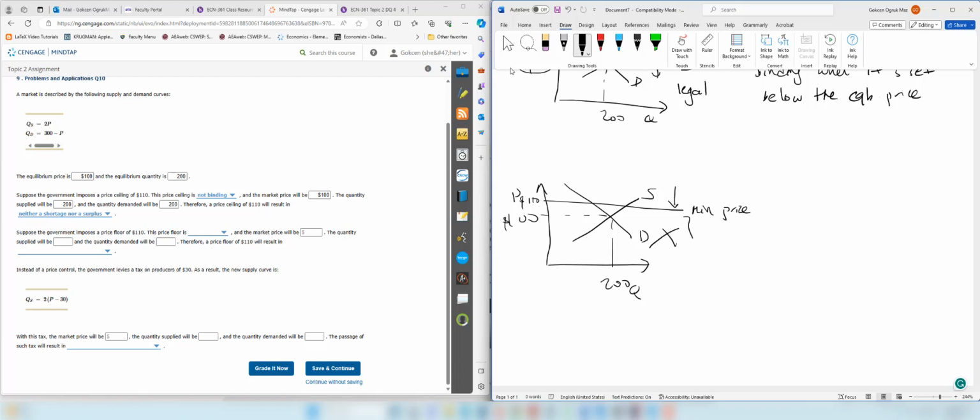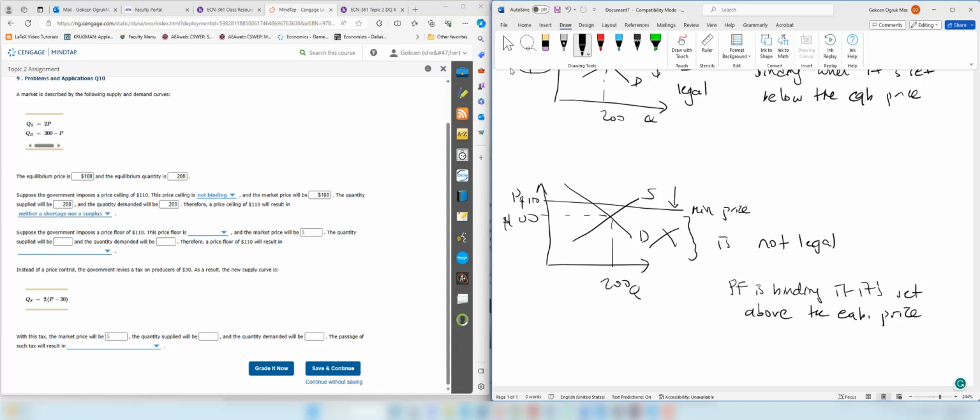So anything below is not legal. This policy is going to change the market outcome. For that reason, price floor is binding. Price floor is binding if it is set above the equilibrium price.